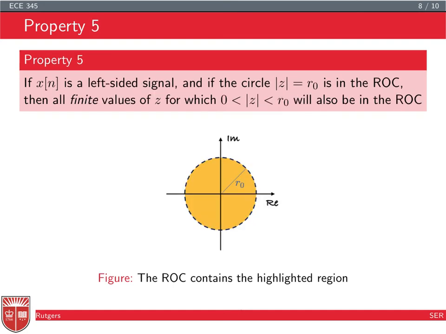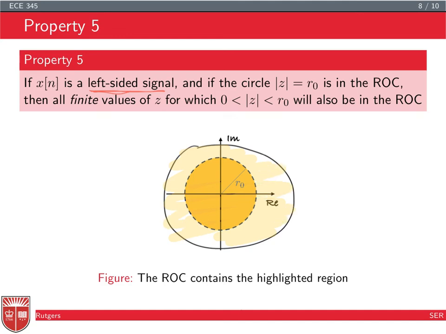For left-sided signals, we have a similar property which says that if the circle with radius r0 is in the ROC, then everything inside the circle must also be in the ROC. So here the ROC could be something like this, and everything inside of it is in the ROC.